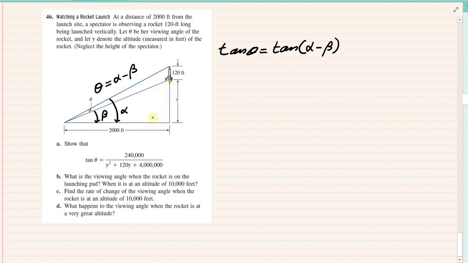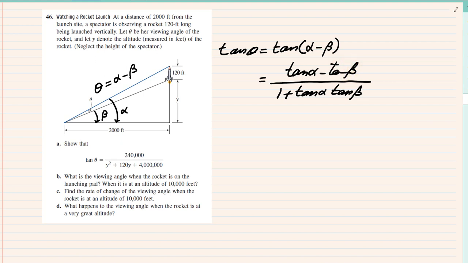But first we need to write down the tangent of difference identity, and that's going to be 1 plus tan alpha tan beta in the denominator, and in the numerator we have tan alpha minus tan beta. So you should recognize this identity from your trigonometry. So let's actually work tangent of alpha here. What is tangent of alpha?